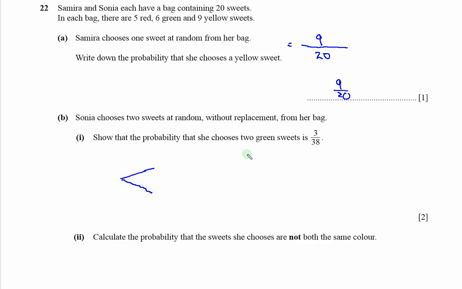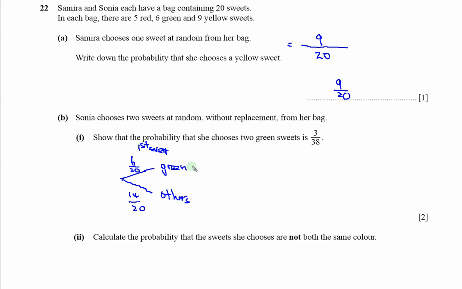Since it's concerned with green, we have greens and others. Okay, green is 6 over 20, others is 14 over 20. Okay, this is the first event when they pick the first sweet.